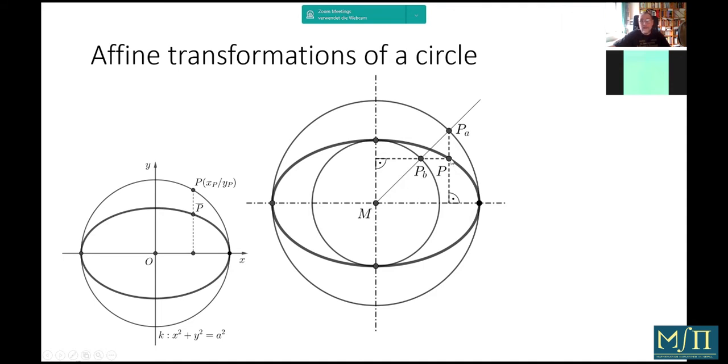So that means that we can obtain it by simply turning around this whole construction and doing it in the opposite direction.